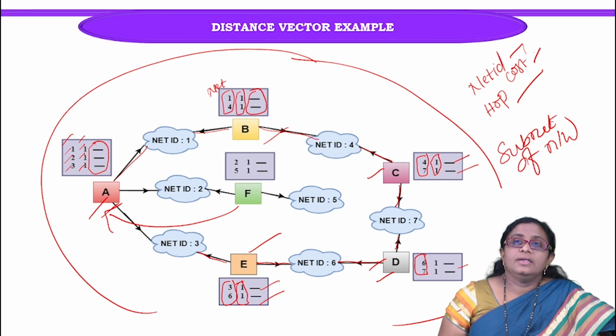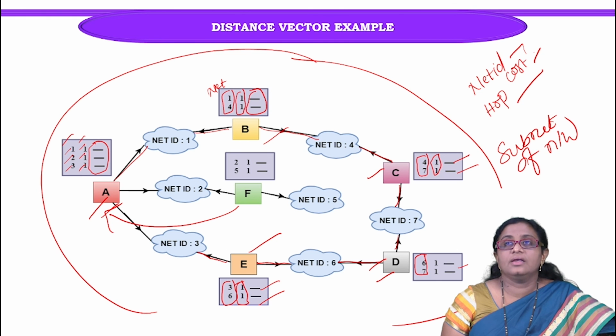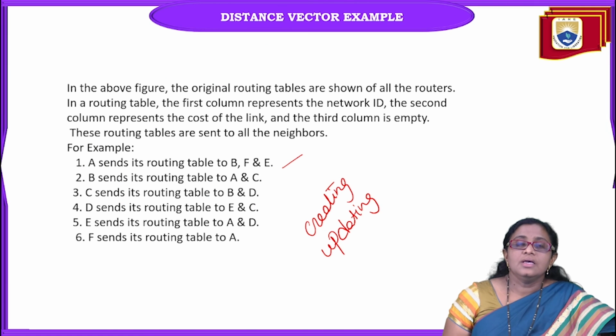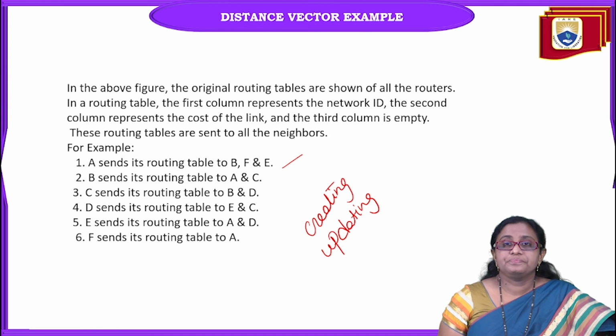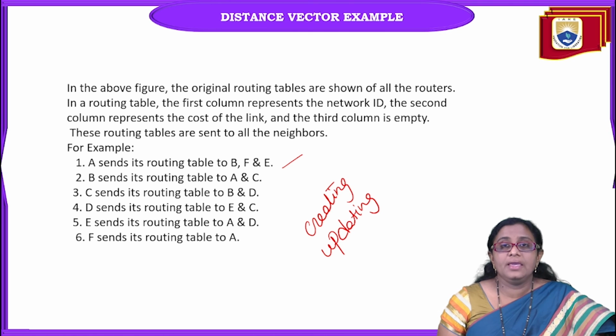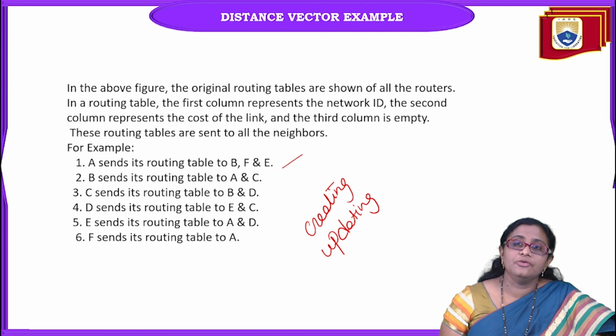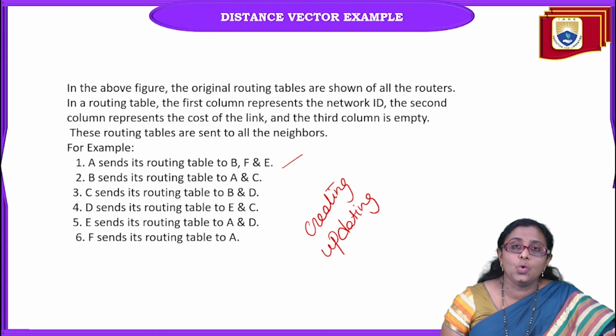And this is one example of a distance vector example, with five neighboring hosts like A, B, C, D, E, F. One can share information through its connecting links or nodes.